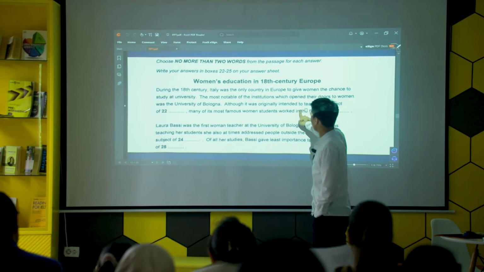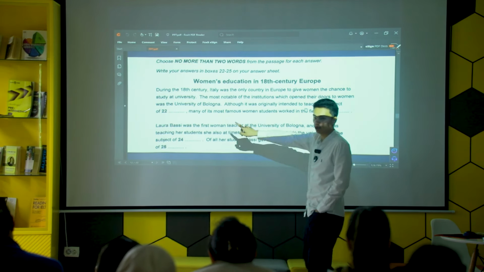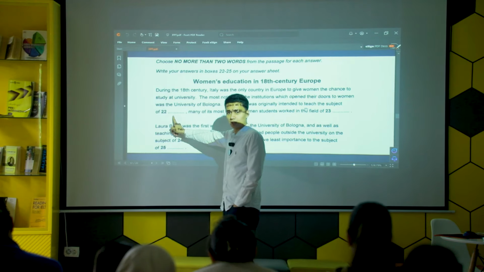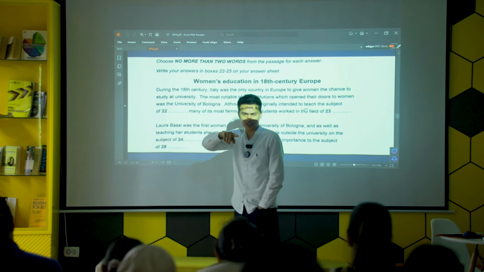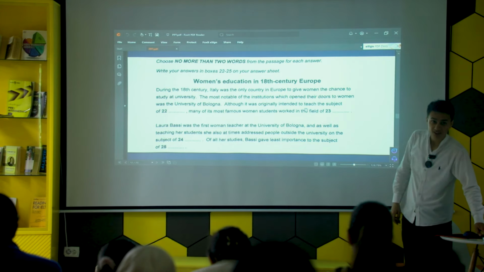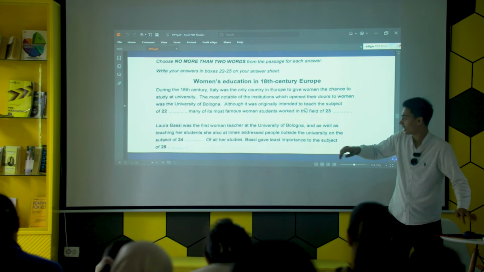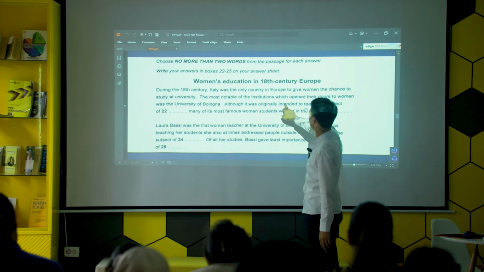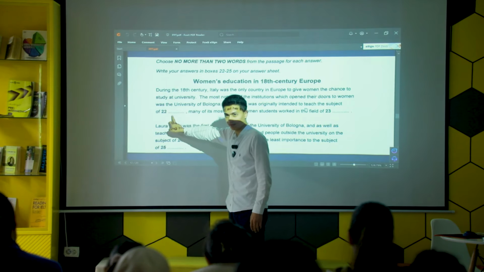Although it was originally intended to teach the subject of qaysi fanni o'qitish uchun ochilgan ekan? Law. It was opened as a law school, tushunadimi? Esdami? It was opened as a law school degani intended and originally intended to teach the subject of law.